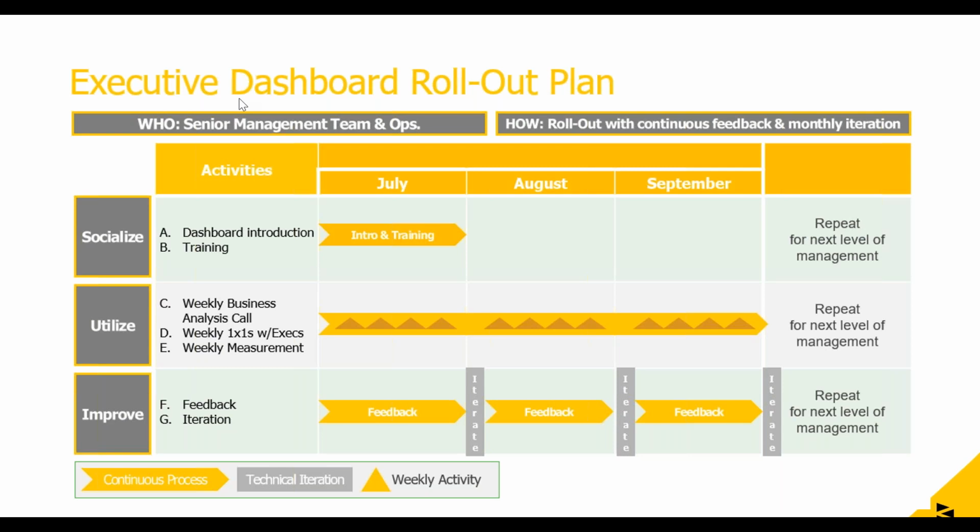Under the socialize area, which is basically introduction and training; under utilize, which is basically the ongoing processes that we would like to do on a day-to-day basis; and the improve part is the feedback and the iteration that I discussed. So this is an example of a success plan. That's it.